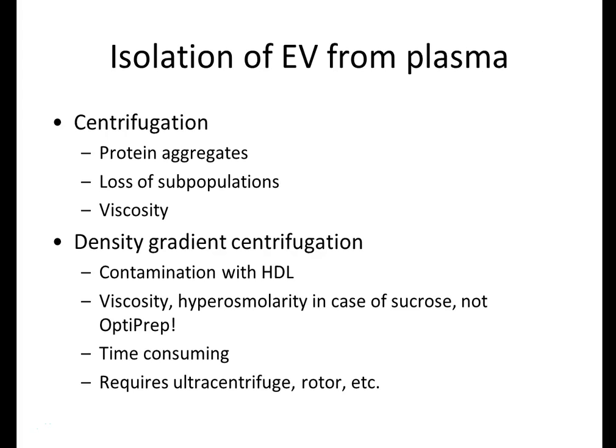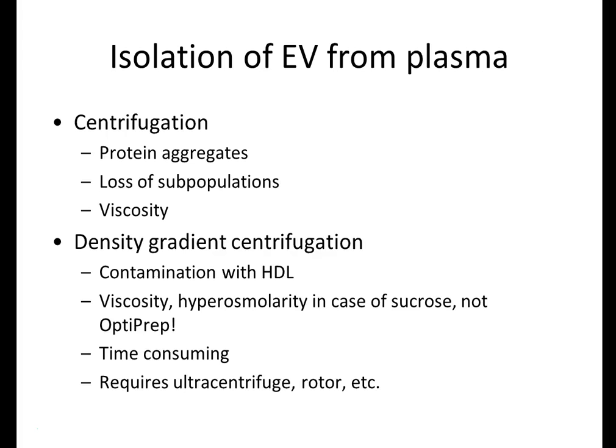Now to summarize this, if you start to centrifuge plasma, there's a risk that your pellets contain also protein aggregates, you may lose subpopulations and you have problems with viscosity and density. On the other hand, if you apply density gradient centrifugation, your vesicles may be contaminated with HDL.